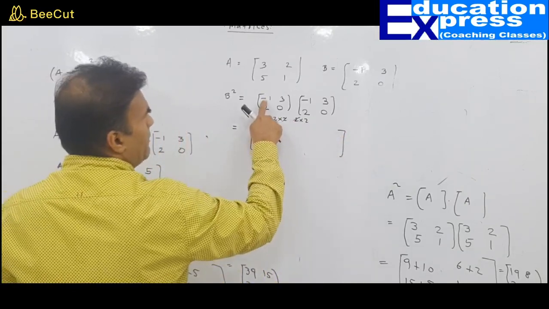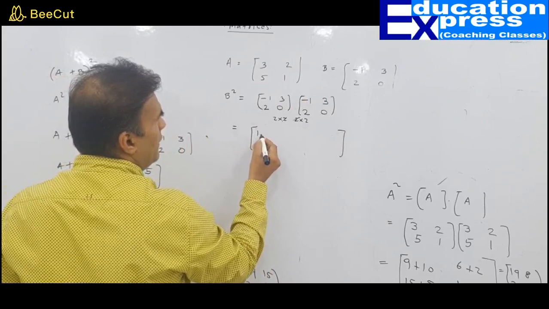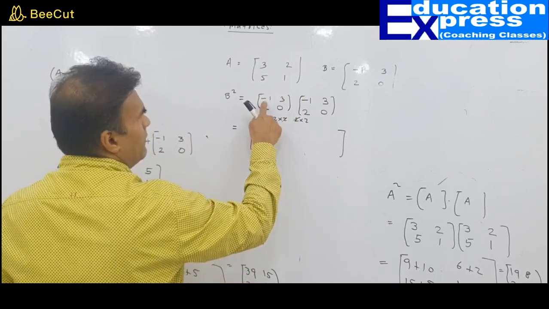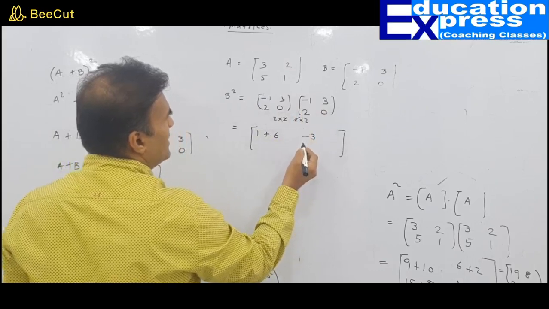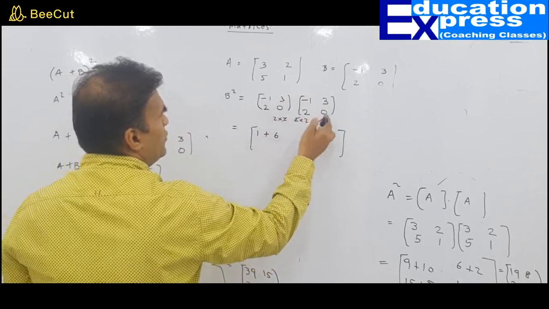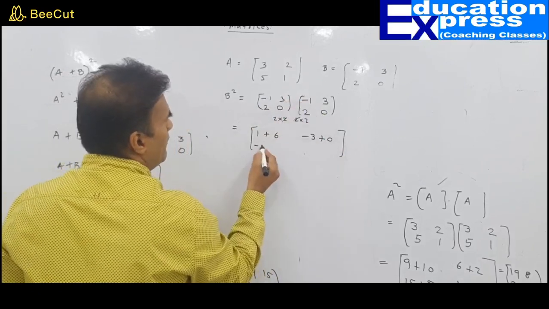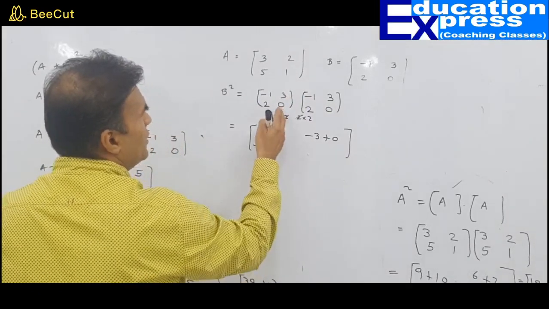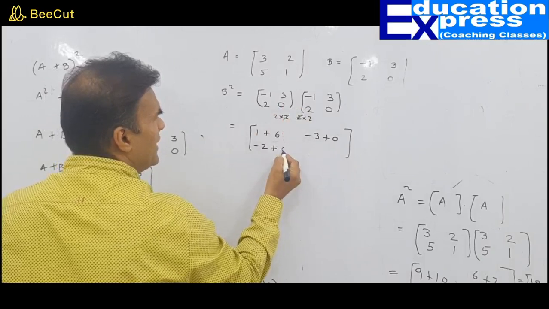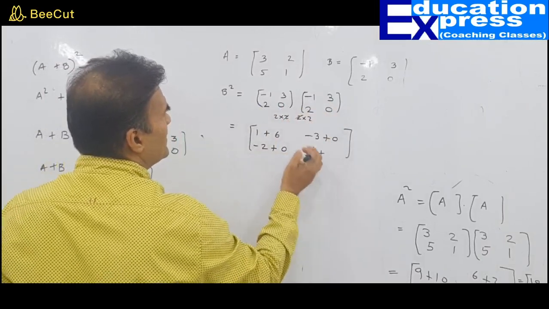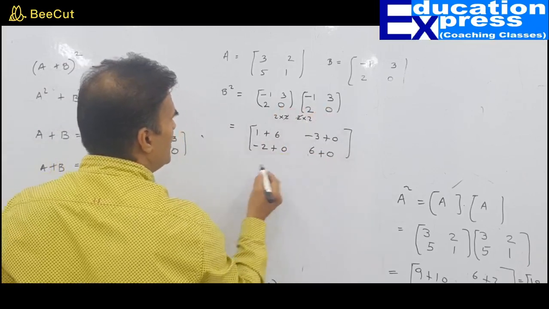Next, multiply minus 1 into minus 1, 1, plus 3 into 2, 6. Next one, minus 1 into 3, minus 3, plus 3 into 0, that's 0. 2 into minus 1, minus 2, plus 0 into 2, that is 0. 2 into 3, 6, plus 0 into 0, 0.